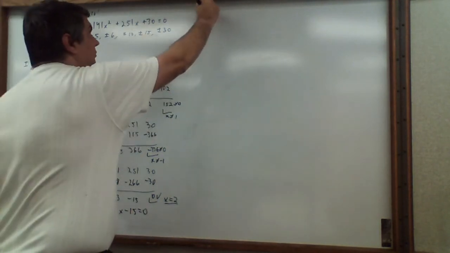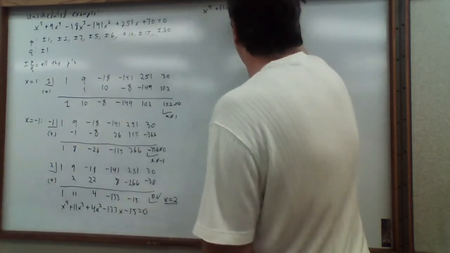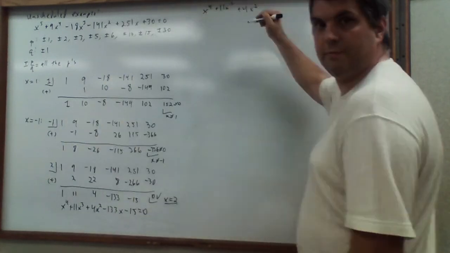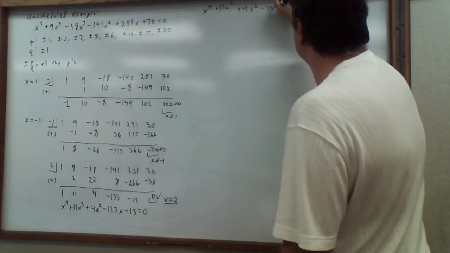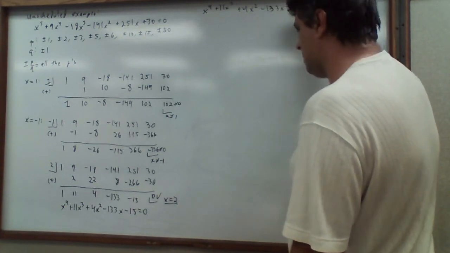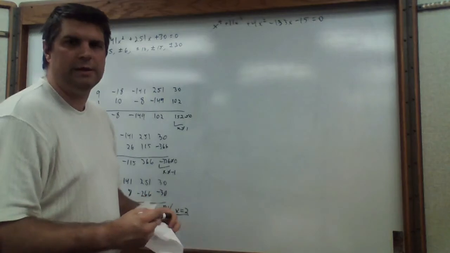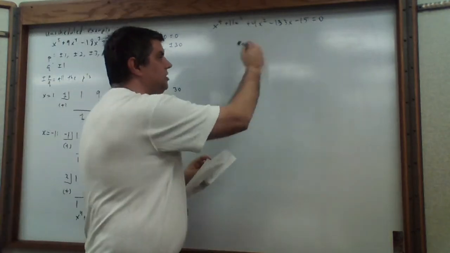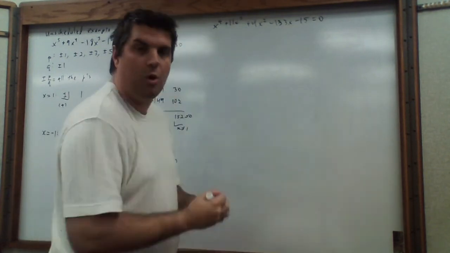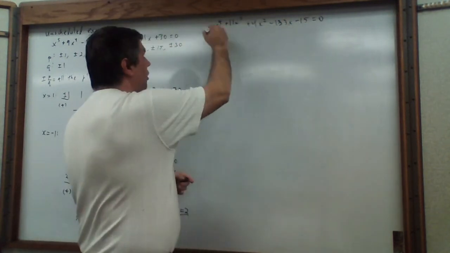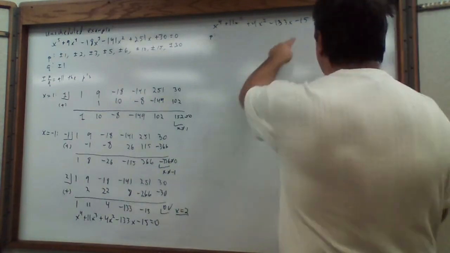That needs to be solved for 0. So if we have x to the fourth plus 11x cubed plus 4x squared minus 133x minus 15 equals 0. Now, notice that the constant has changed. Okay? So, unlike the previous example, we can actually reconsider what P is. P's and Q's. So, P is all my potential factors of 15.